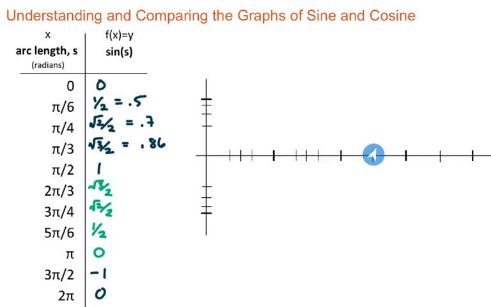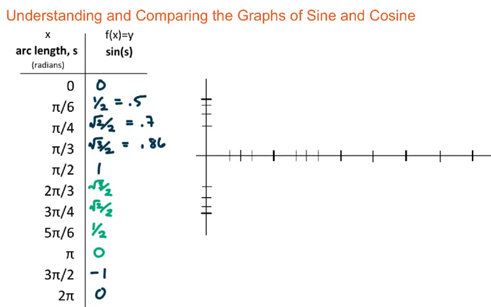When we think about graphing our trig functions on our coordinate plane, we want that x-axis to be measured in radians. And we want to think about what's called one period, and we'll talk about that in a minute, from 0 to 2 pi, or 1 full rotation.